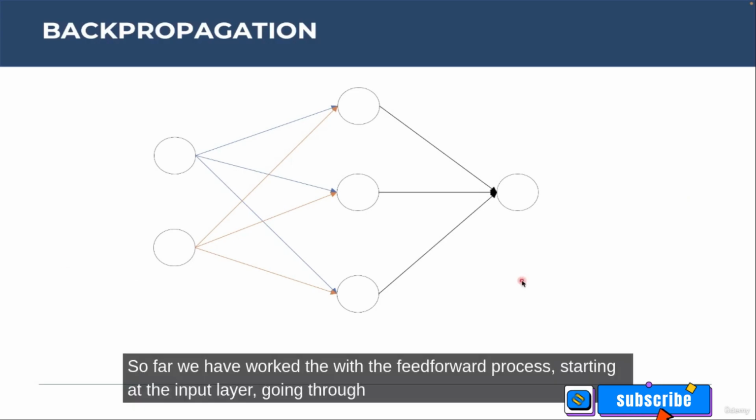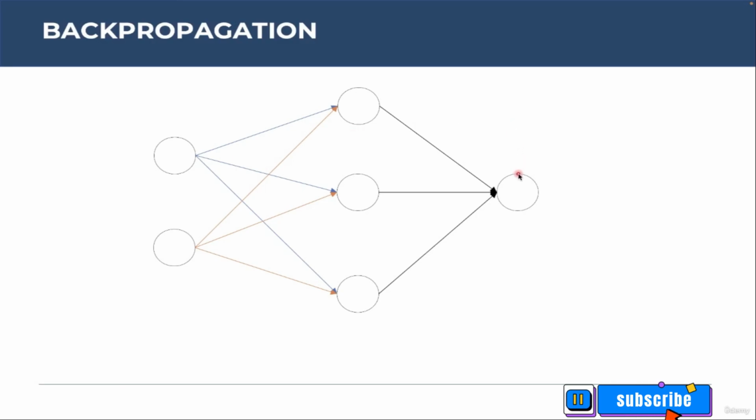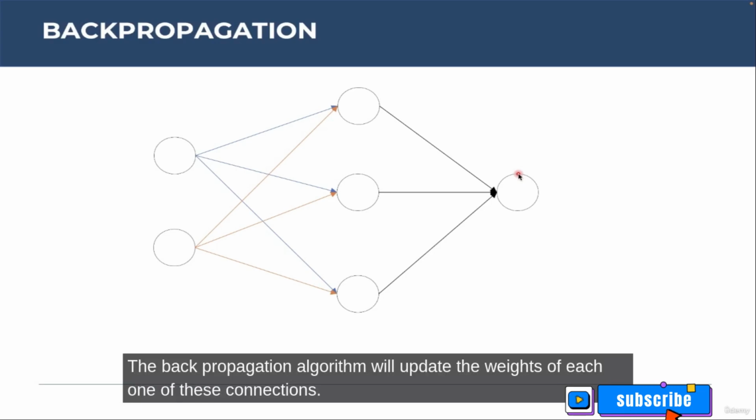So far, we have worked with the feed-forward process, starting at the input layer, going through the hidden layer, and ending at the output layer, from left to right. The backpropagation algorithm will update the weights of each one of these connections.